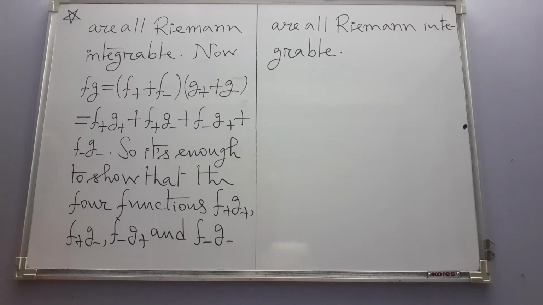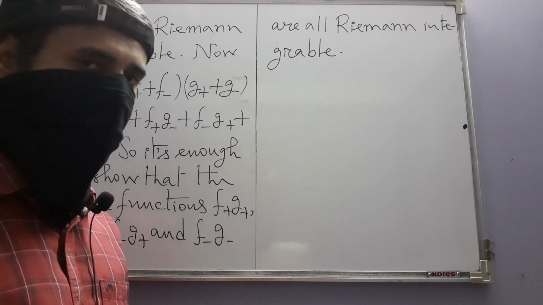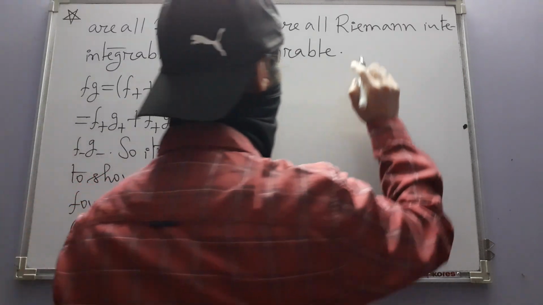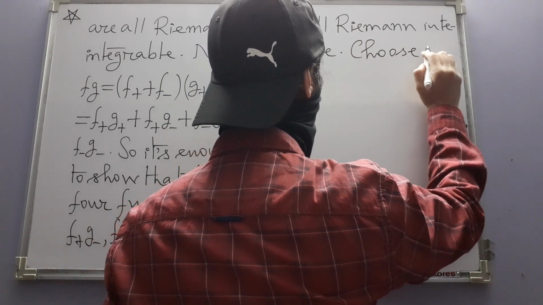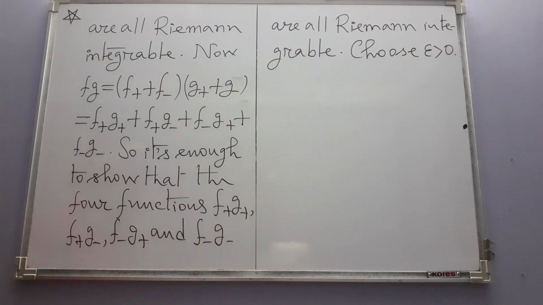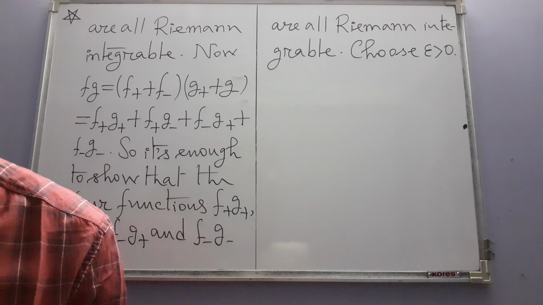All right. So now the proof really starts by choosing epsilon. That's how many things start in analysis, here also. Choose any arbitrary positive real number epsilon. Oh, okay, hold on. I think I am forgetting something.